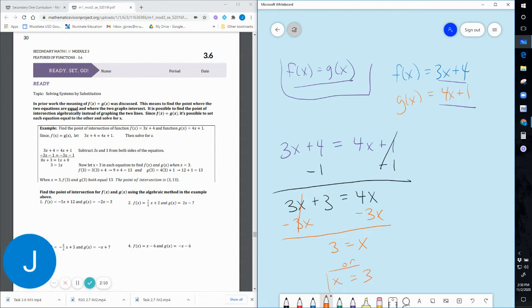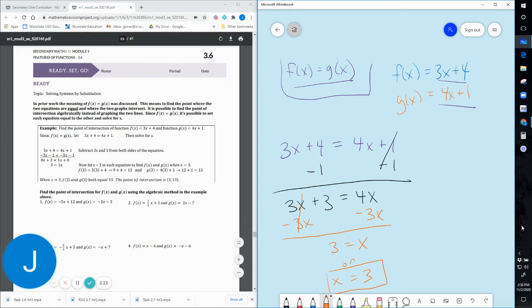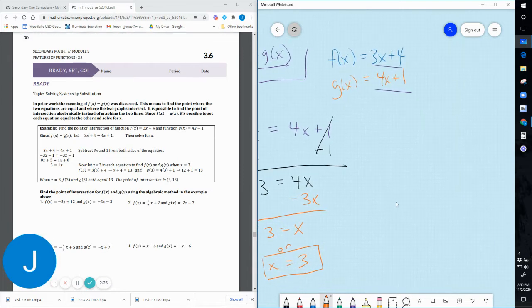So same thing, we figured out that these two equations equal each other whenever x equals 3. Now you have to actually let x equal 3 in both of the equations to make sure that it's true. So if x equals 3, and that's where they equal each other, I better get the same y value for both. So start off right here.